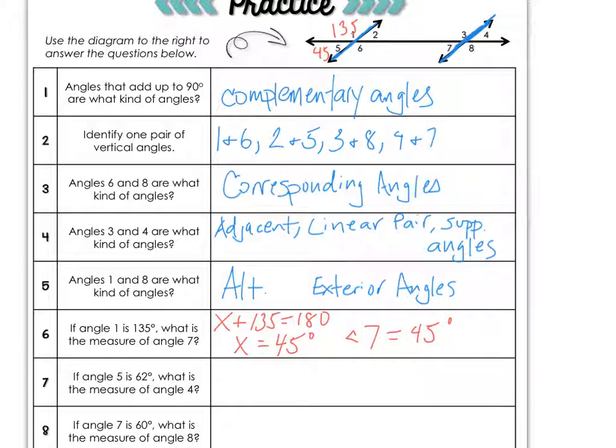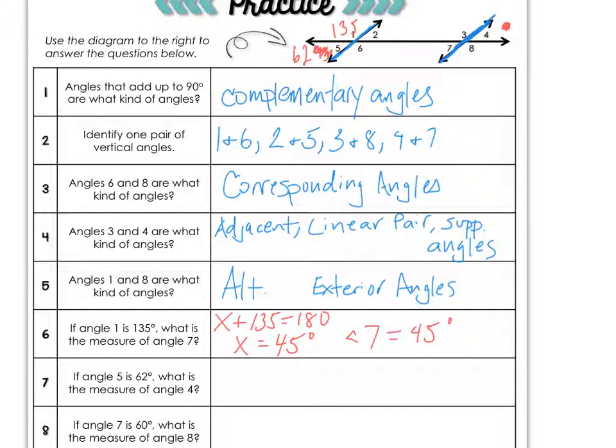Congratulations. If angle 5 is 62 degrees, okay, we just solved angle 5. I told you it was 45, but that's okay. This is a different problem. Just go with it, guys. If angle 5 is 62, and now it's 62 degrees, what is the measure of angle 4? Angle 4 being all the way over here.